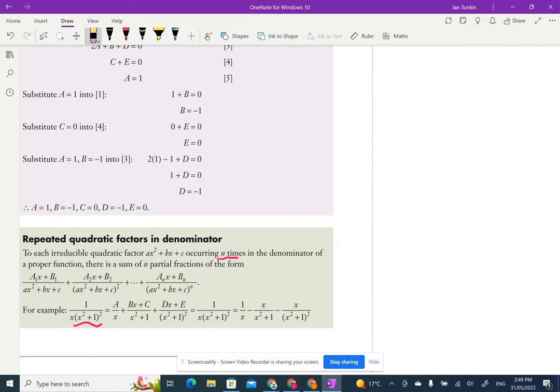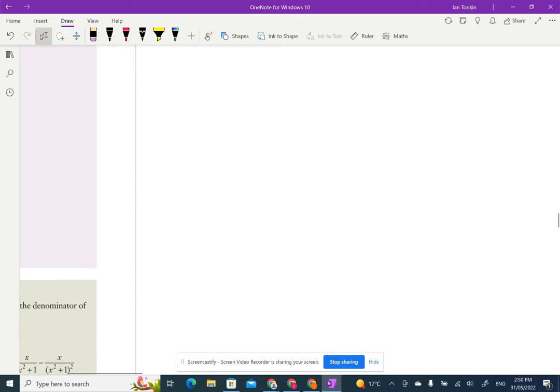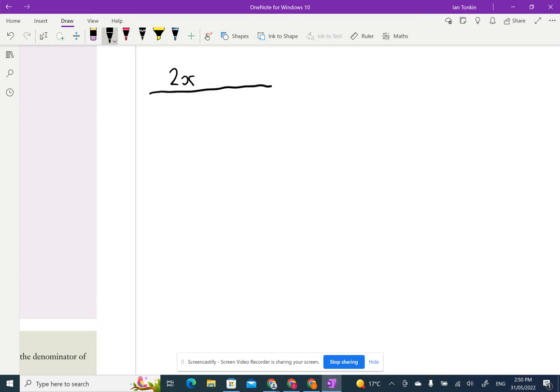Righto. So let's set it up. And I'll do an example one again. And I'm just going to take 2x plus 3 on x squared plus 2 times x minus 2.